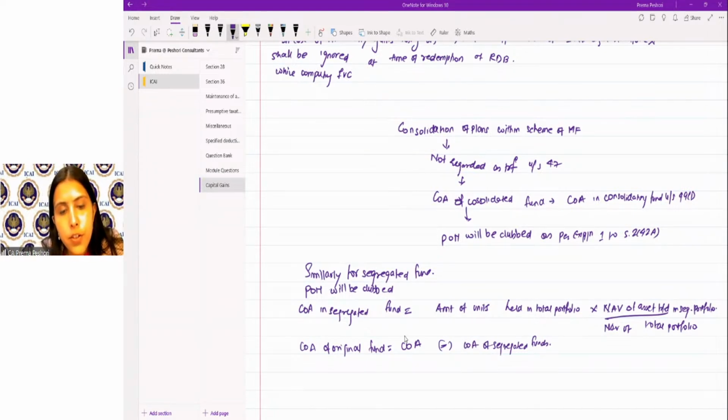Jacob, do not worry. Even if it doesn't get completed, we will finish it off before income from other sources. So next class, what we are going to study is the balance of shares and securities transactions. We are going to finish that.